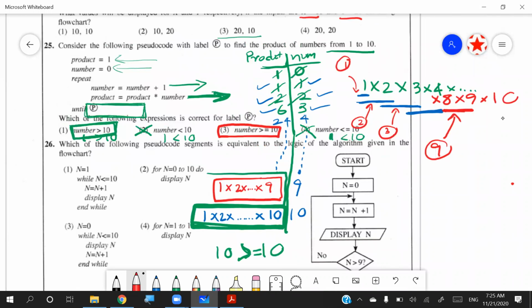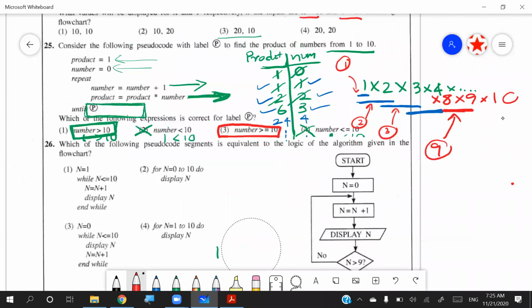Right. All right, we discussed the 25th, so I'm going to go with the 26th. So to go with the 26th, I have to clear up this part. So I'm clearing it up.